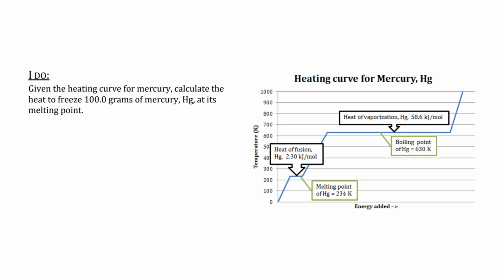Given the heating curve for mercury, calculate the heat to freeze 100 grams of mercury at its melting point. So we're talking about melting. If I tell you that the melting point is 234 Kelvin, that doesn't really impact our calculations because we're trying to find the amount of heat needed to freeze.